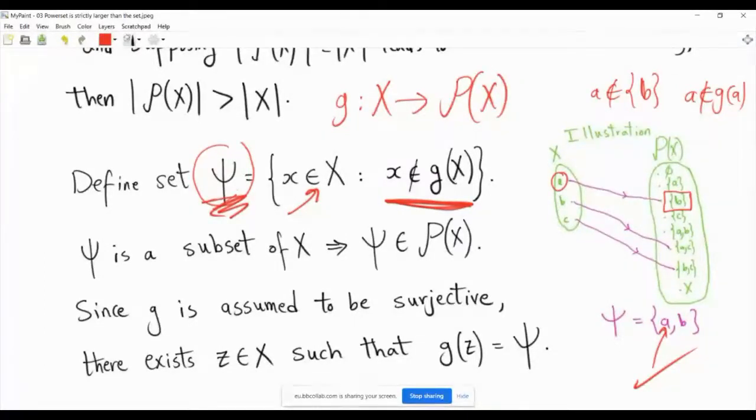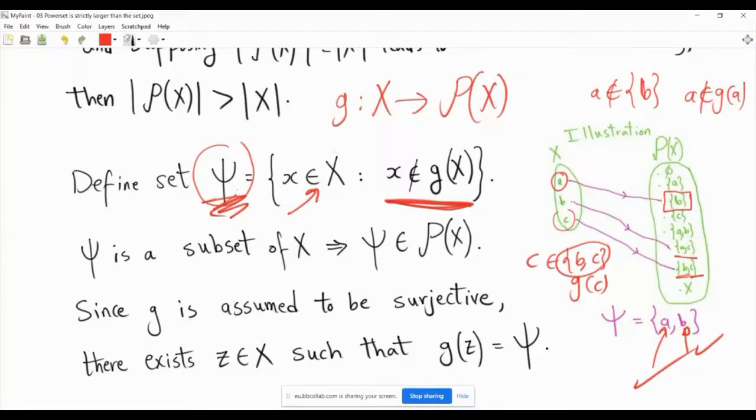What about B? B is mapped to the subset A comma C. Well, B is not there, so it is with us. What about C? It is mapped to BC. No, it is there. So C belongs to BC, which is G of C. So no, C does not belong to psi. So psi, in our case, has 2 elements, which are A and B.